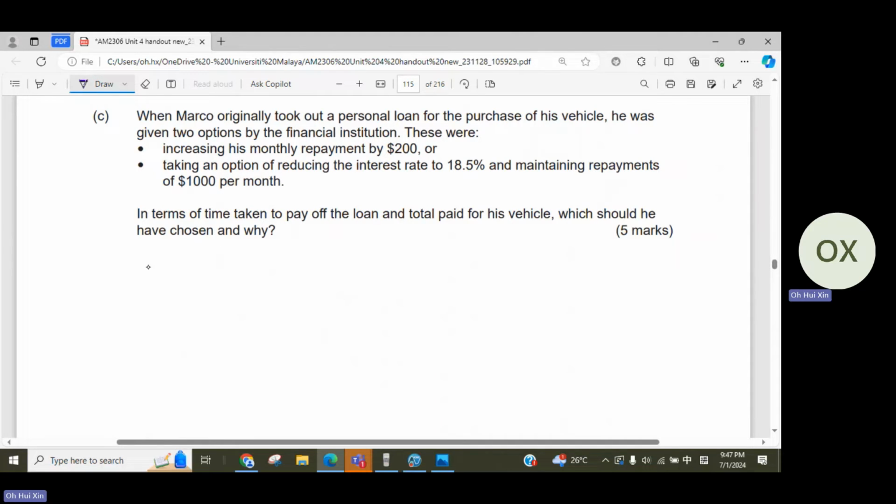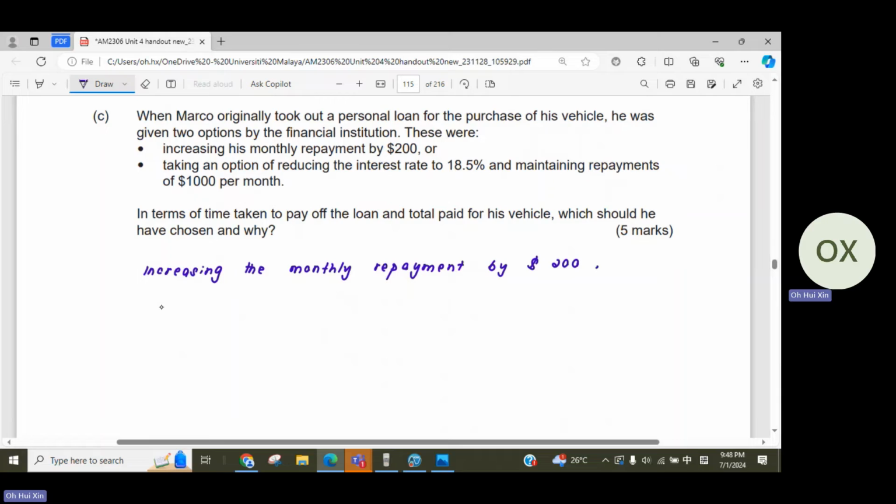The first one is increasing the monthly repayment by 200. That's the first scenario, so let's solve for that first. In this case, using the finance solver will be easier, because you don't need to keep changing your recursive rule. You can just change whatever element you need to change.